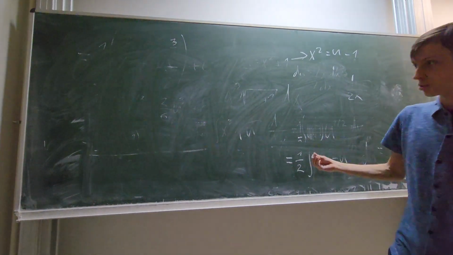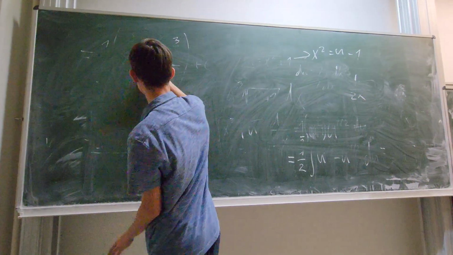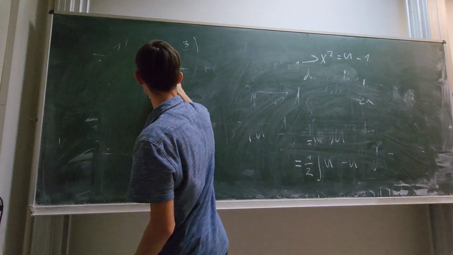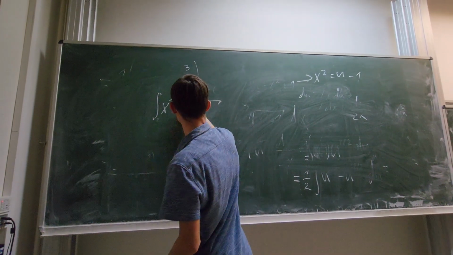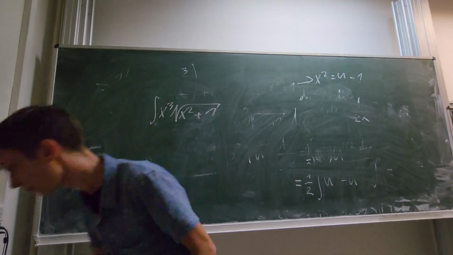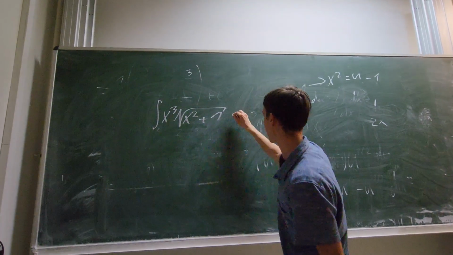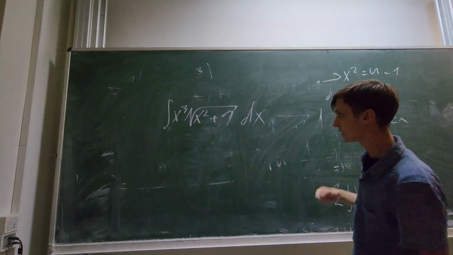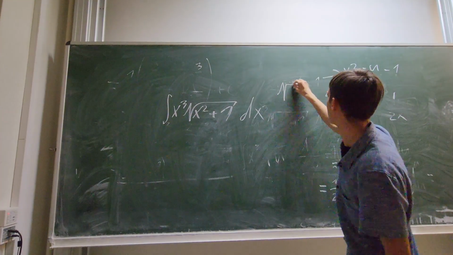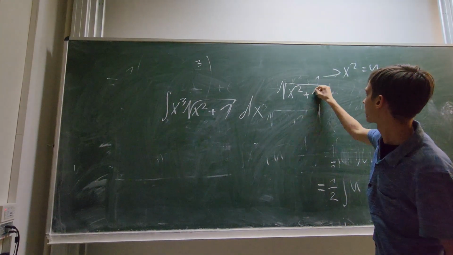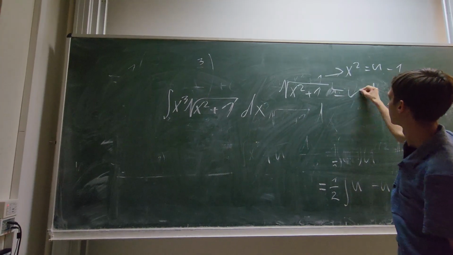Namely, what I can do is, again, I have this integral, x cubed times square root of x squared plus 1 dx. But now I will say this entire square root is u. So x squared plus 1 in the square root is equal to u.